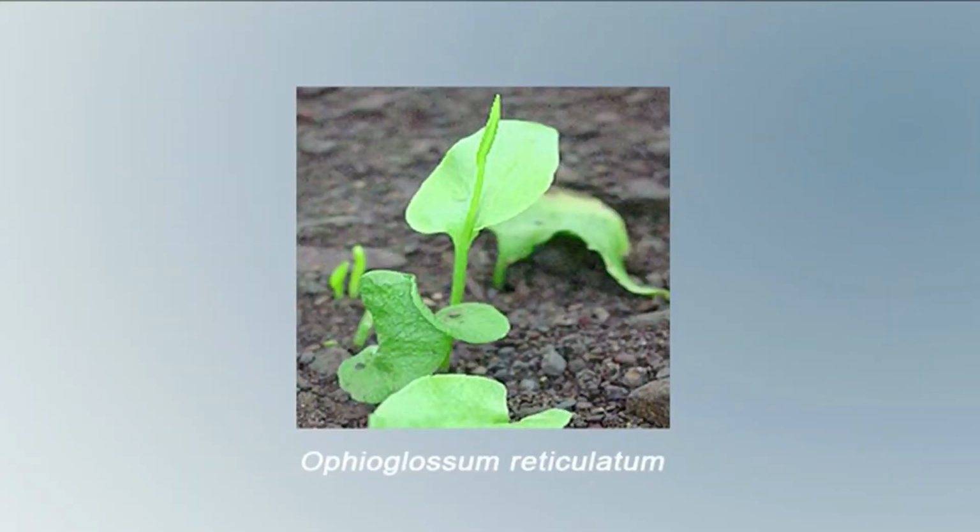Some pteridophytes, like the members of the family Ophioglossaceae and Polypodiaceae, show unusually high chromosome number. The highest chromosome number has so far been recorded in Ophioglossum reticulatum, that is 2n = 1260. In general, the number of chromosomes in each cell of all the individuals of a single species is constant.